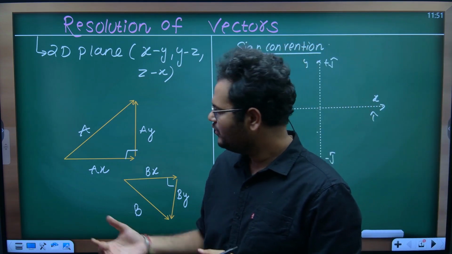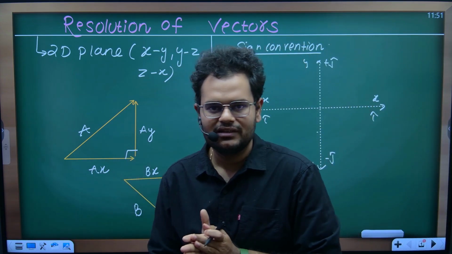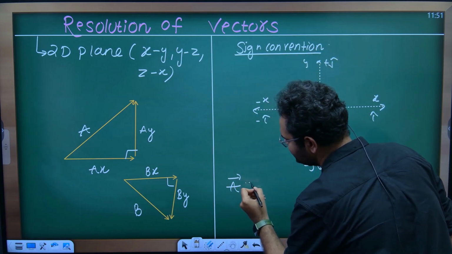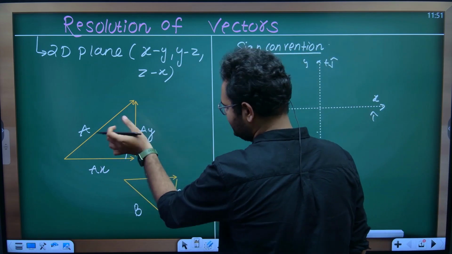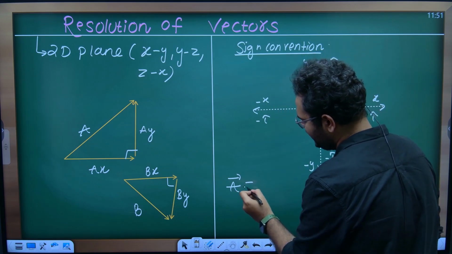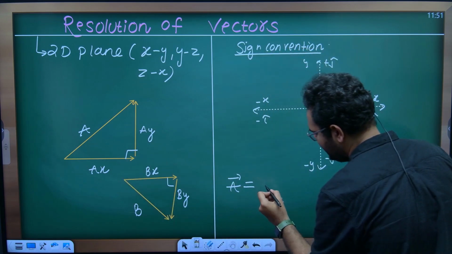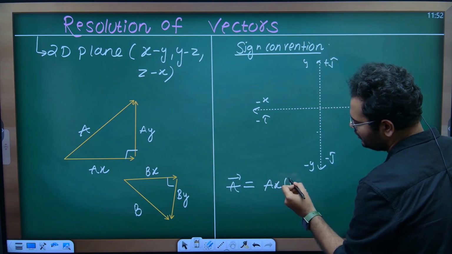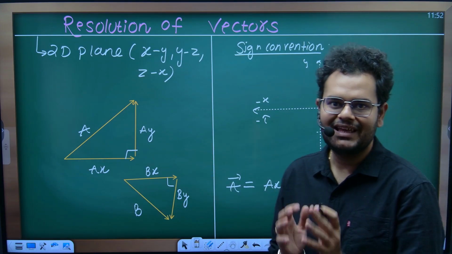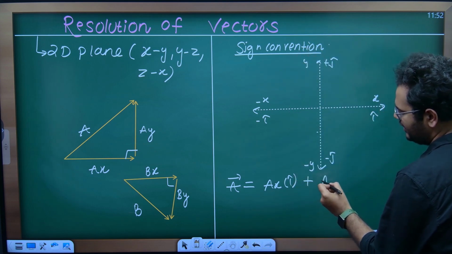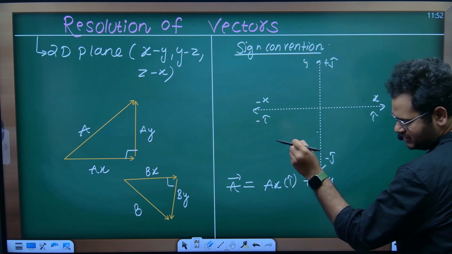So how are we going to write this A vector and B vector? Let us say I want to write A vector. A vector is equal to, it is a vector addition, right? By triangle law, it is a vector addition of which two vectors? Ax and Ay. So first I will write Ax, i cap or minus i cap. It is plus i cap because it is in positive x direction. Then plus, I will write Ay, j cap or minus j cap.